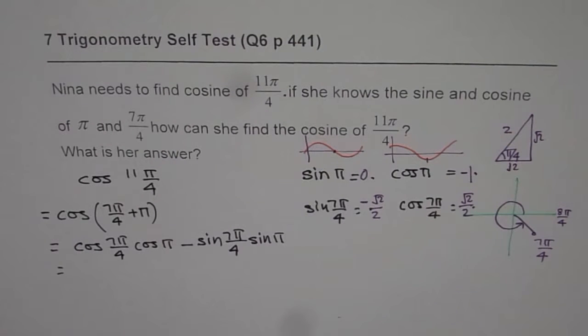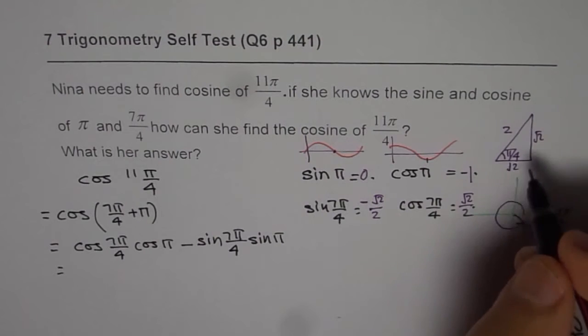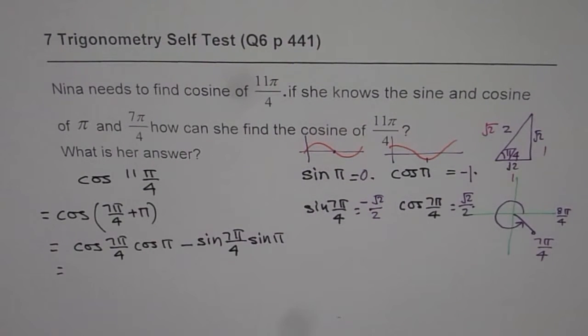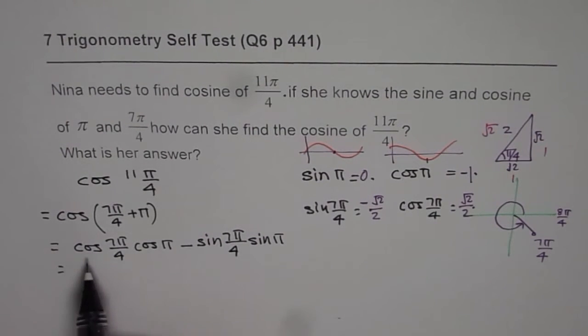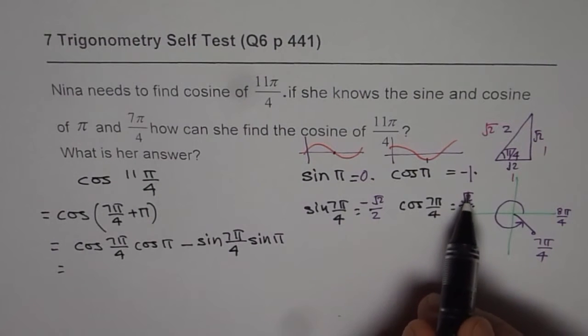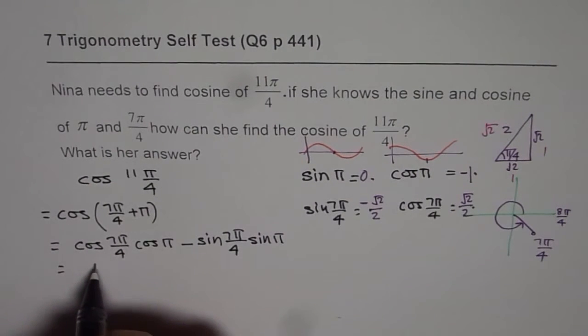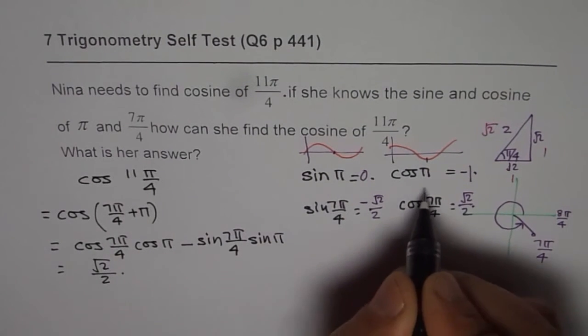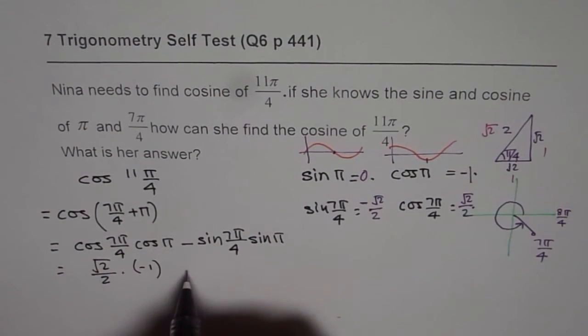So we can use these values and find our answer. Well, we can also use in this particular case 1, 1 and square root 2, correct? We could use any one of them. Now let us see how to find the answer. So cos 7 pi by 4 is square root 2 over 2, so we'll write here square root 2 over 2. Cos of pi is minus 1, so we get minus 1 here.